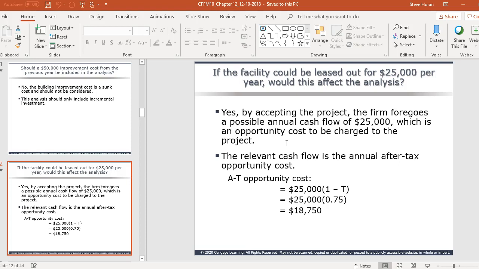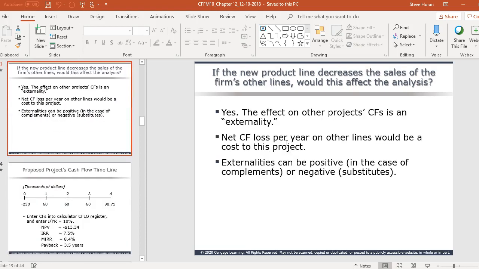And so I've given up a net $18,750 in order to buy equipment and launch this product line. So in reality, I should charge this against my product and say that's $18,750 of cash flow that I've given up, and reduce my project cash flows by $18,750 per year. That's how I would take care of that.